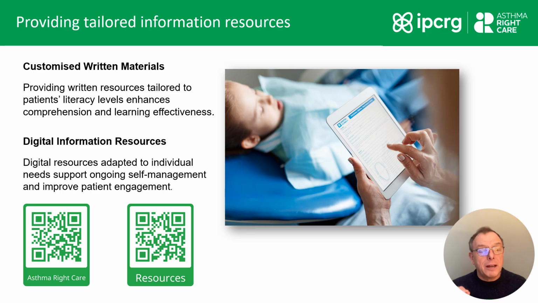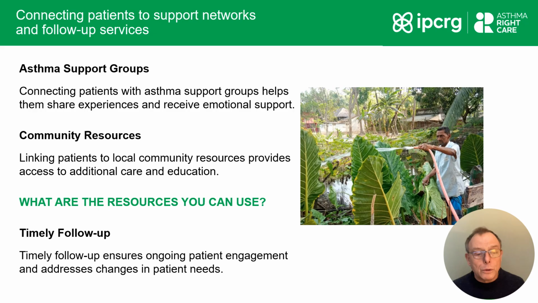But the big thing behind that is these are information that are often generically available in many areas. That's good, but we also need the local support networks and follow-up services and community support. So in many areas there are asthma support groups.